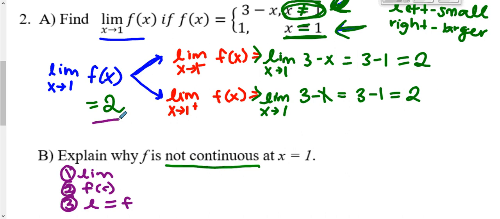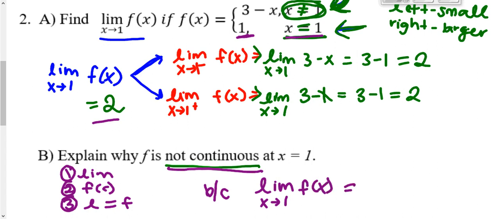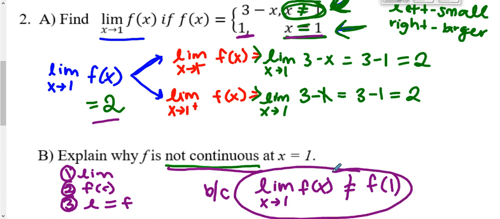We just found the limit. It's 2. We do have a point. At x equals 1, our function is 1. However, 2 and 1 are not the same. So this is not continuous because the limit as x approaches 1 of our function does not equal f of 1. So it breaks our third rule, and that's how we write that out.